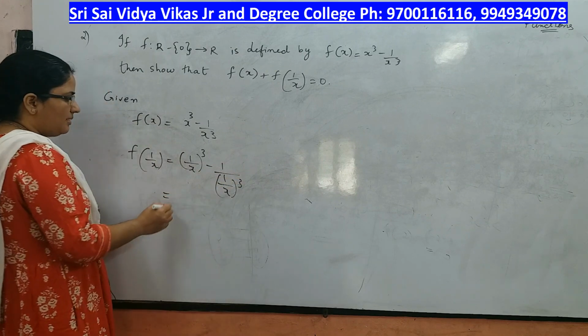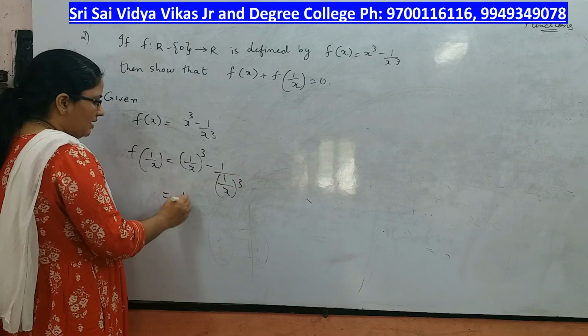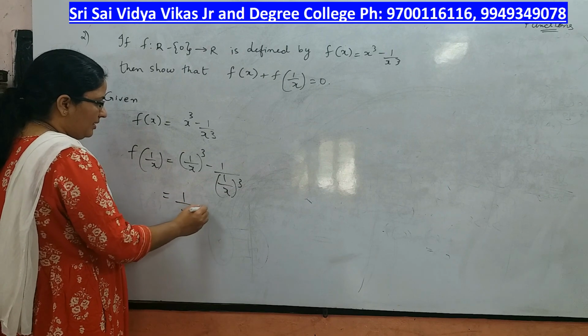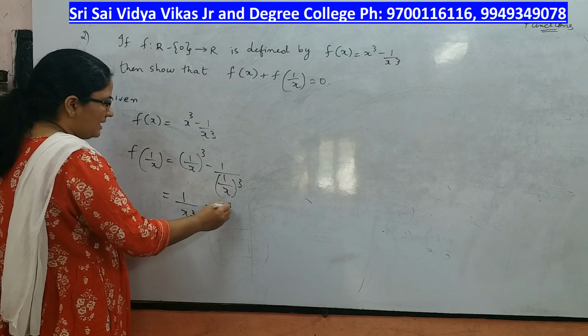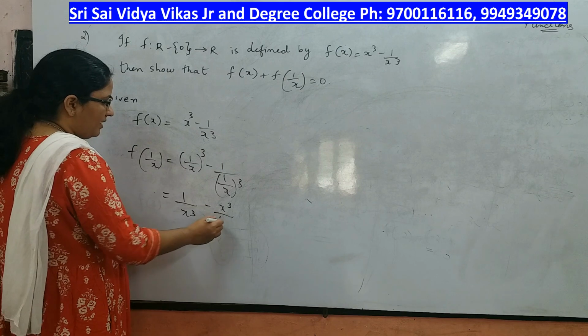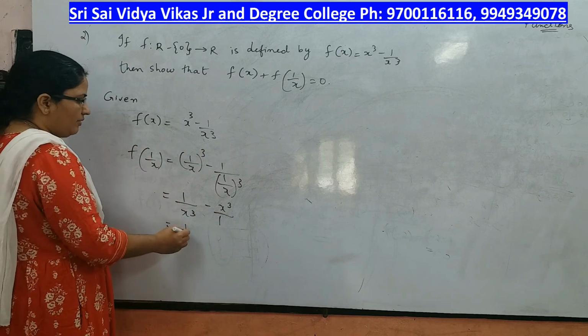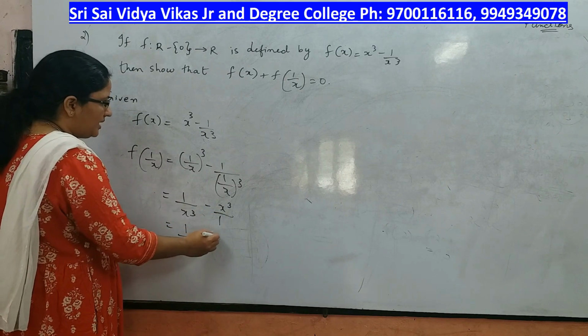So, this is nothing but 1 by x cube minus x cube by 1. This is equal to 1 by x cube minus x cube.